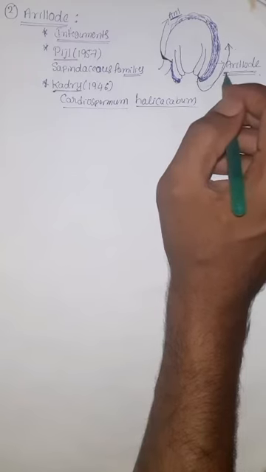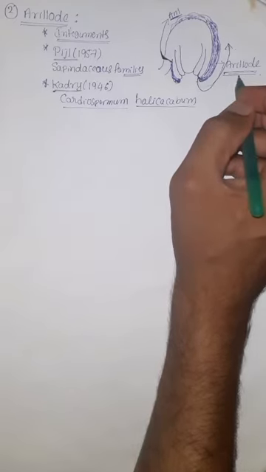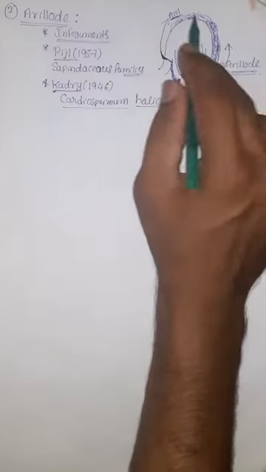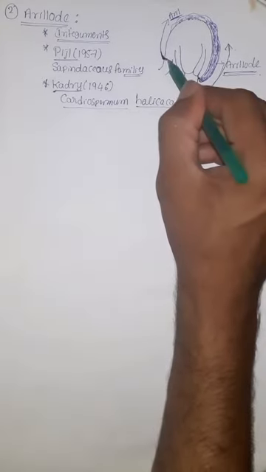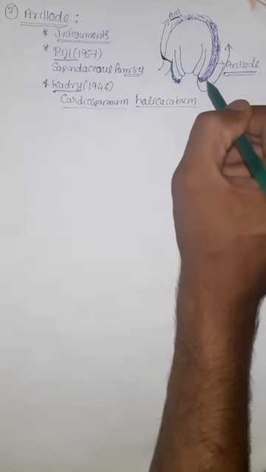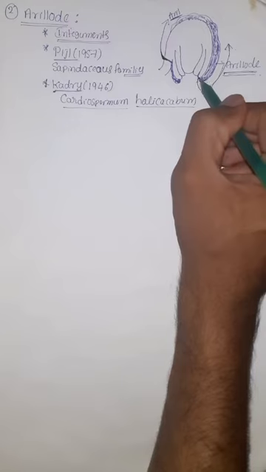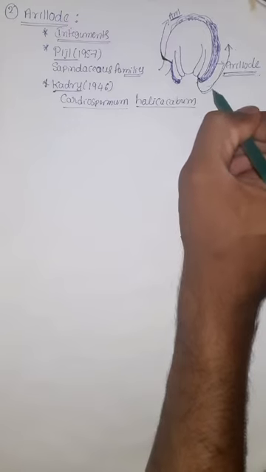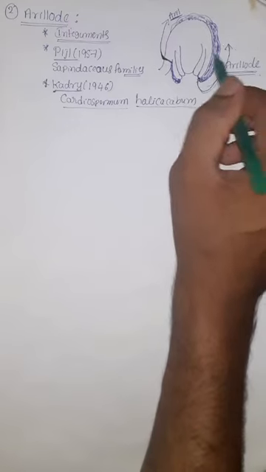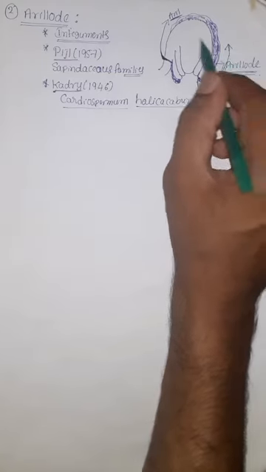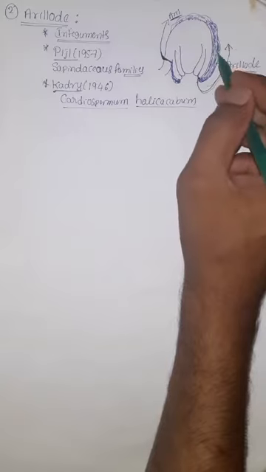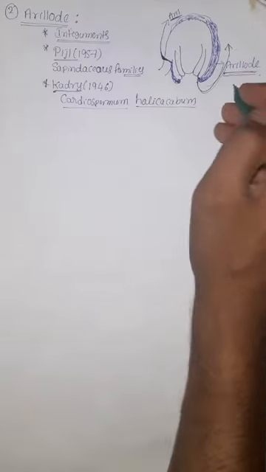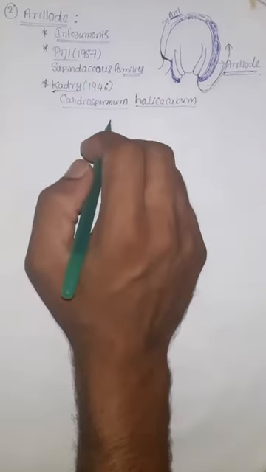But the only difference is that aril originates from the base of the ovule, while arillode starts from the tip of the outer integument. After maturity, both act like an additional integument. This is all about arillode.